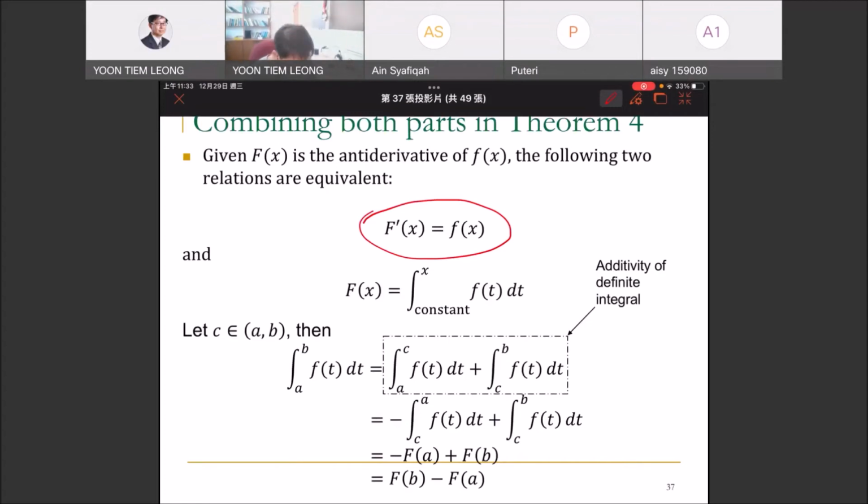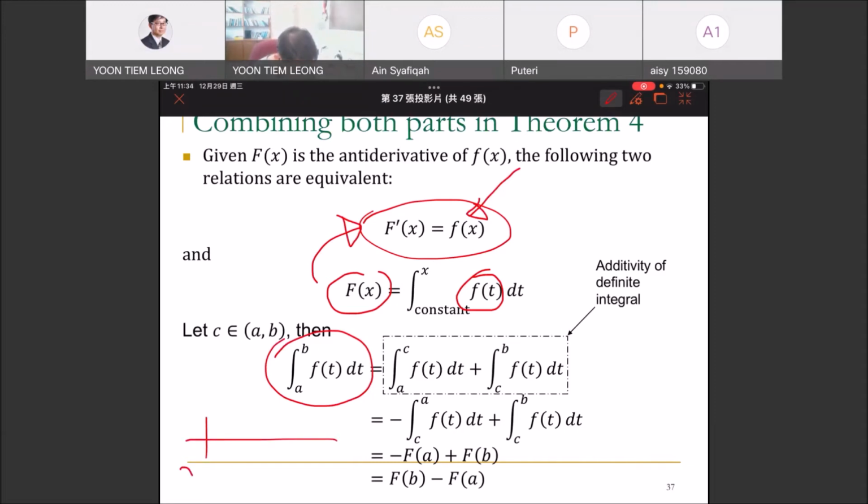You define a capital function F(x) as an integral function of the small function f(t), then you prove that the capital function F is an antiderivative of the small function f. Okay, so then you look at the definite integral of f(t) integrating from a to b.